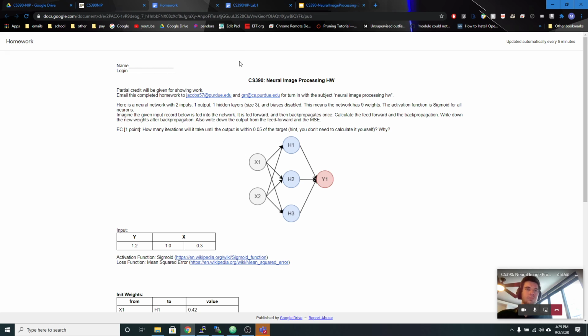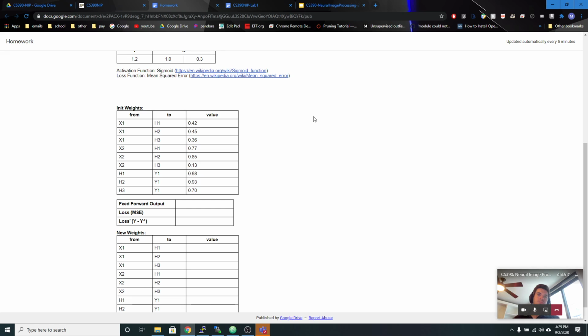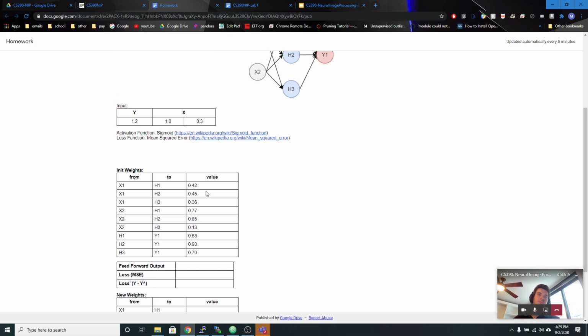Here's that homework though. So in this case, we have this very simple neural net. I've given you some information about it. I've told you we're using MSE. And basically all we're having you do here is, with these inputs, these are our weights.